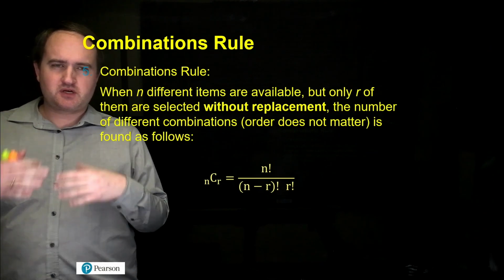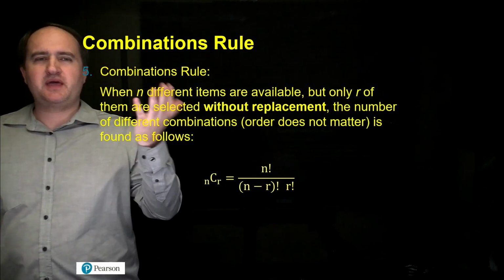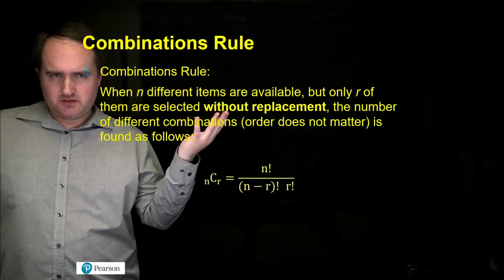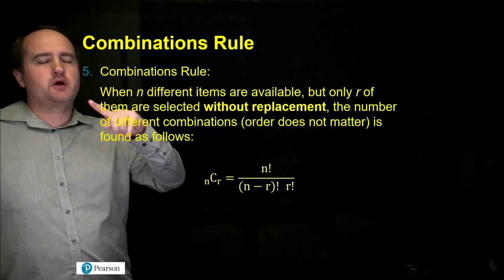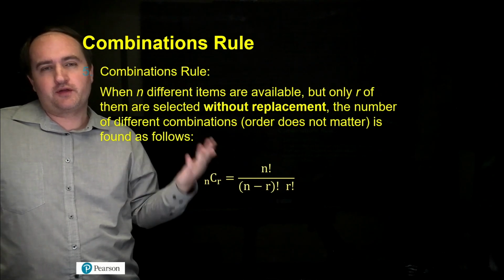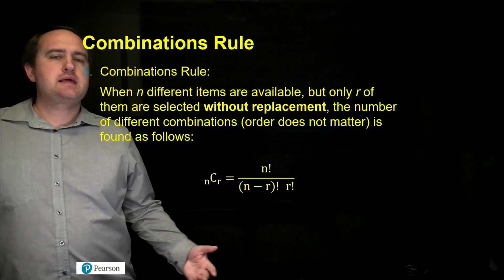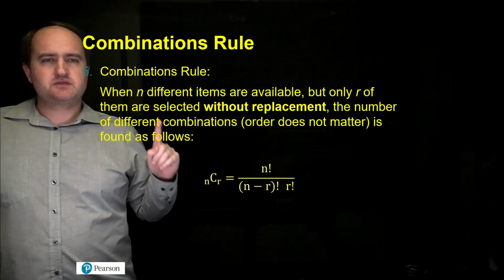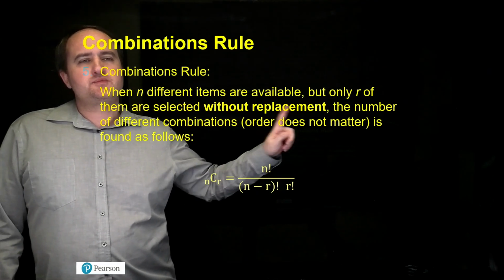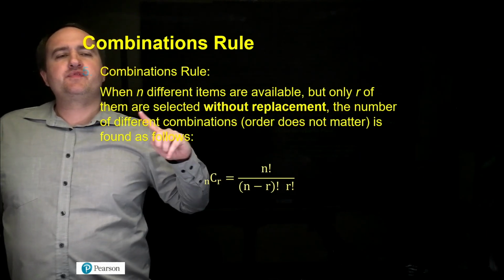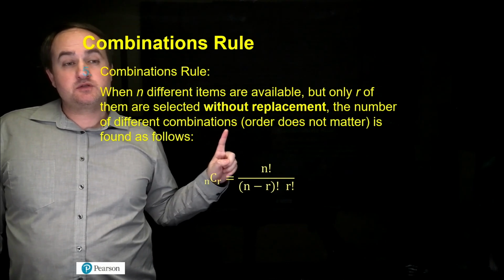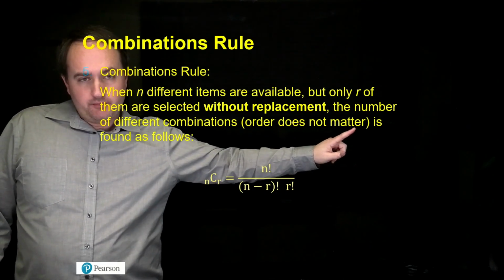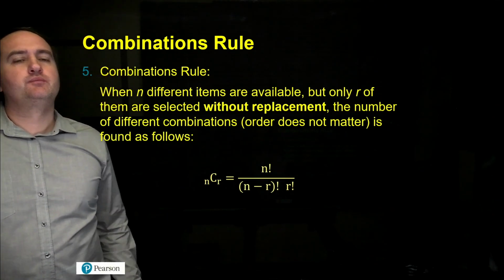But because we just talked about permutations, I'm going to jump ahead to combinations because it just makes more sense to me, even though our book covers it as the 5th rule, not the 4th rule. Okay, anyway, I'm jumping to combinations now. So when n different items are available, but only r of them are selected without replacement, the number of different combinations where order does not matter is found as follows.